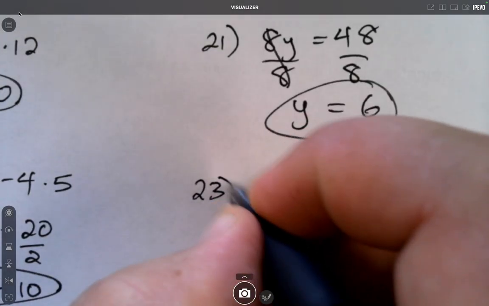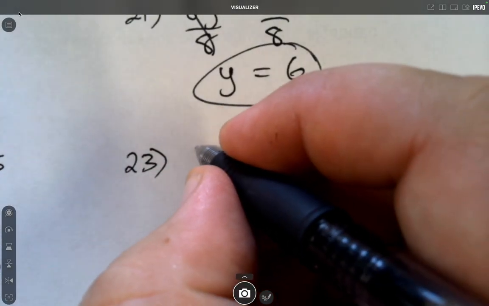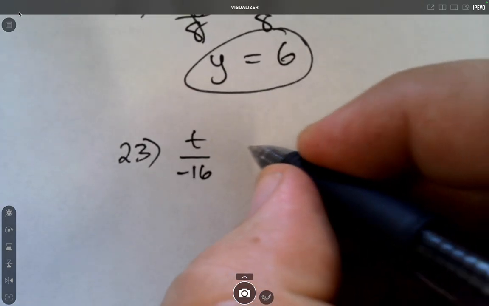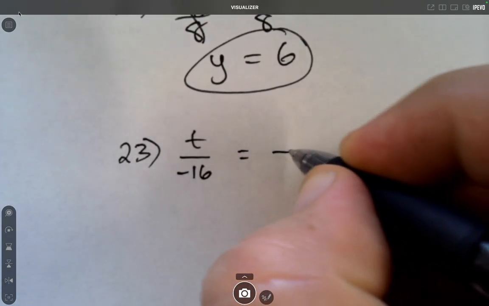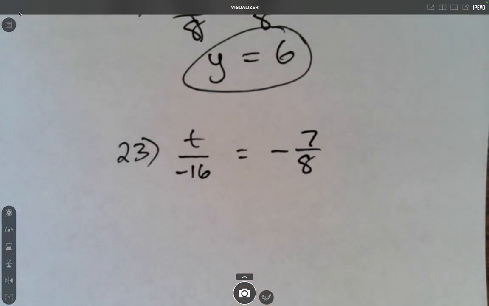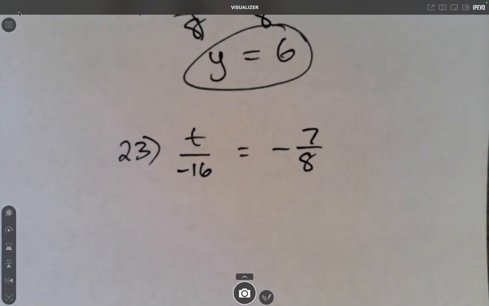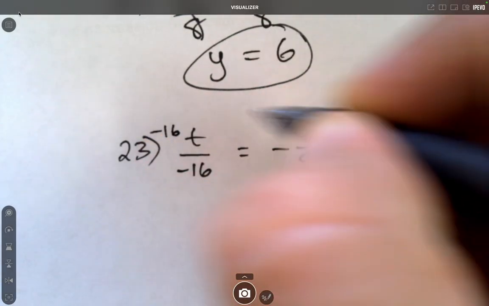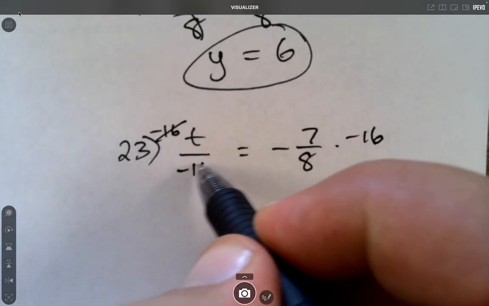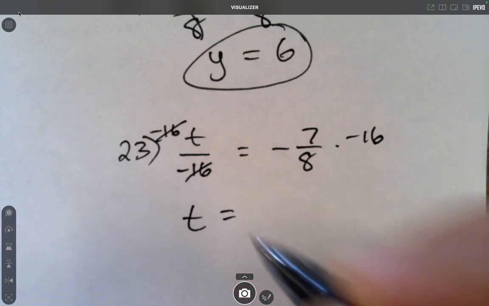Okay, 23. They have the negative sign out front. I'm going to put it down in the bottom because I know I want to get rid of it. So right now t is being divided by -16. So to get rid of it, I'll multiply both sides by -16. So that cancels out here, and we do have t by itself.